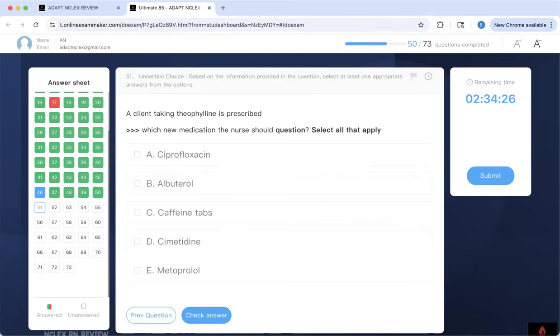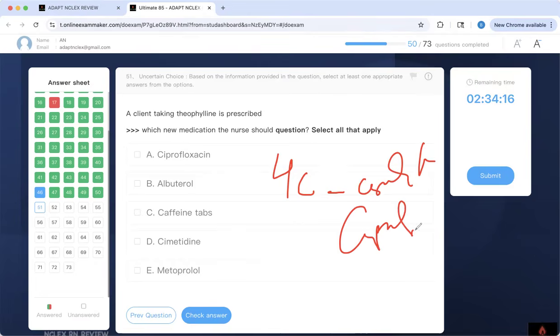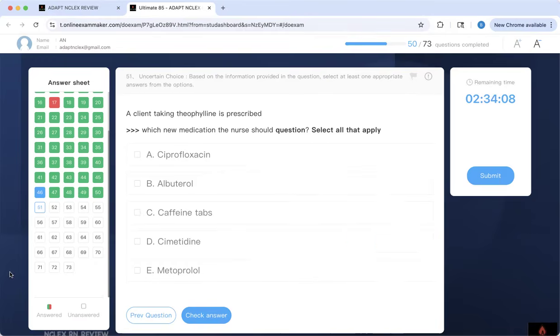There's a thing I say: whenever you see warfarin, write the 4 C's. Cirrhosis, that's the liver, so no alcohol. Ciprofloxacin, cimetidine, and what? Coffee-related product. Therefore, you get the answer. I know you got it.